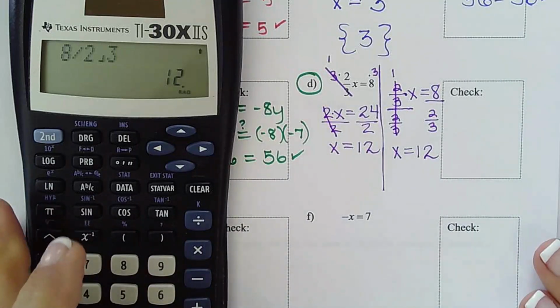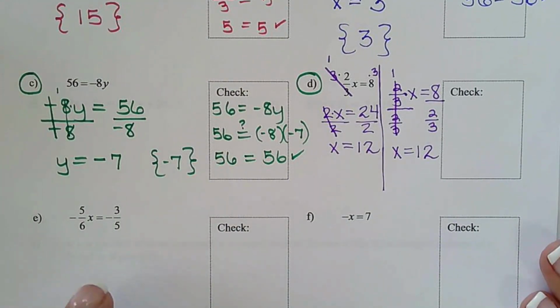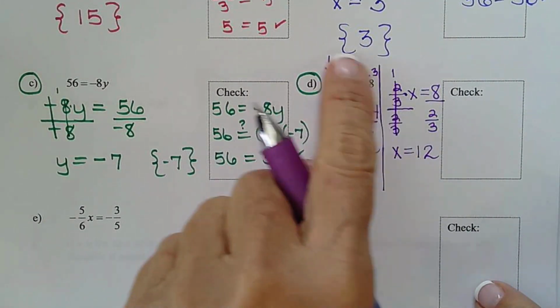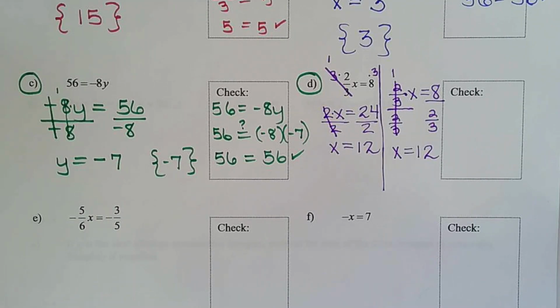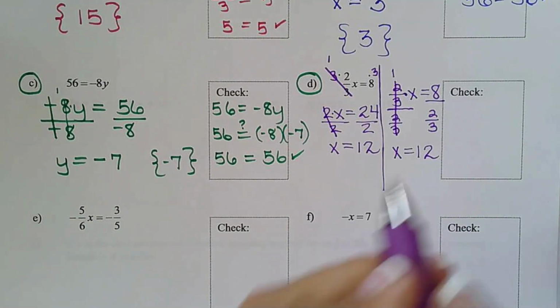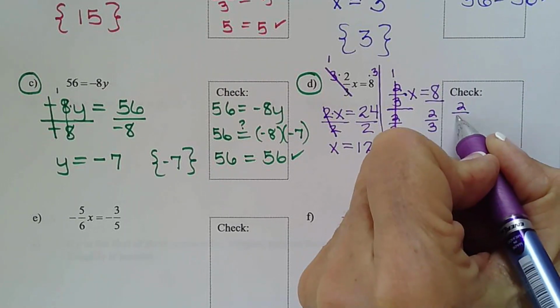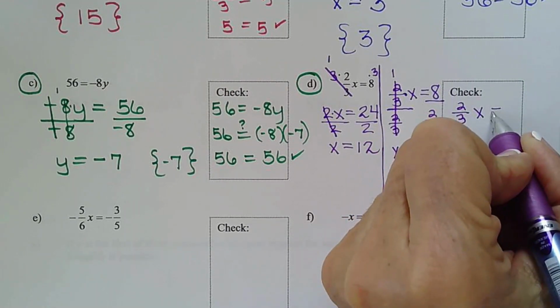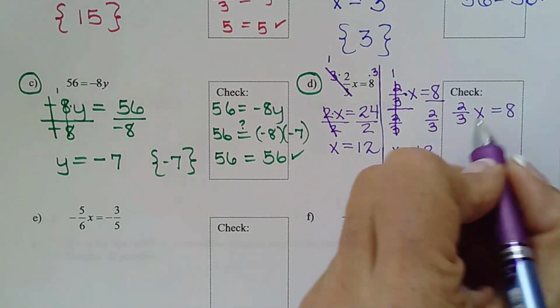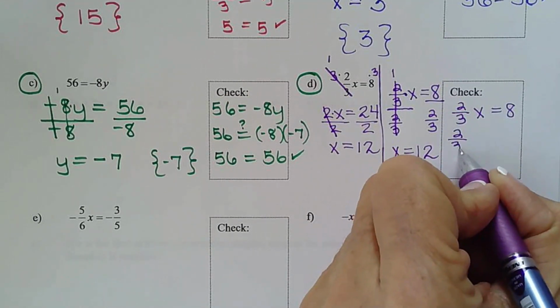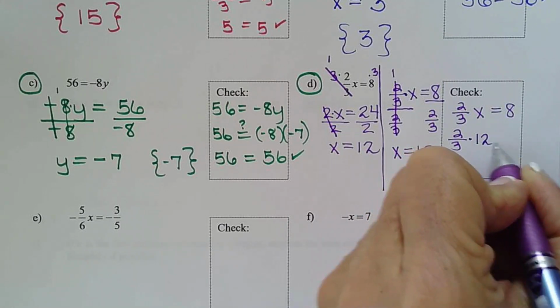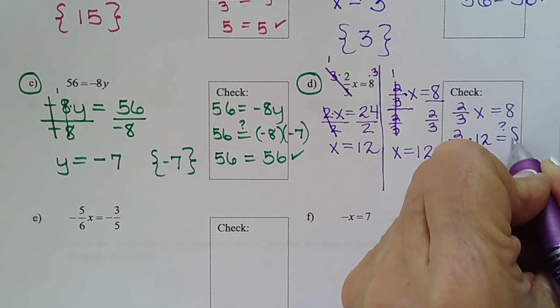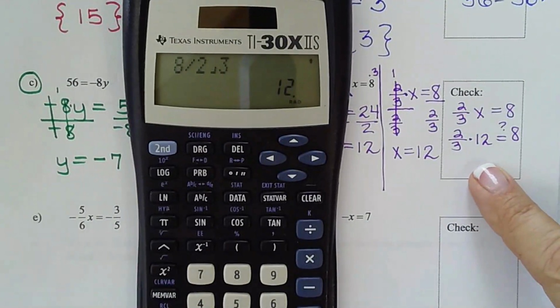And like I said, I would make sure you understand both ways. If you're in a hurry on a test and you want to use a calculator, great, but make sure you know how to do it by hand as well. To check it, write your original problem, 2/3 x equals 8. Plug your 12 in, is 2/3 times 12 equal to 8. 2 fraction bar 3 times 12.